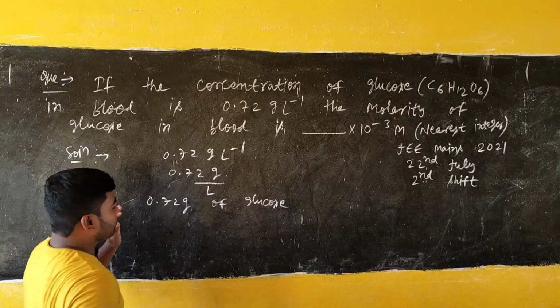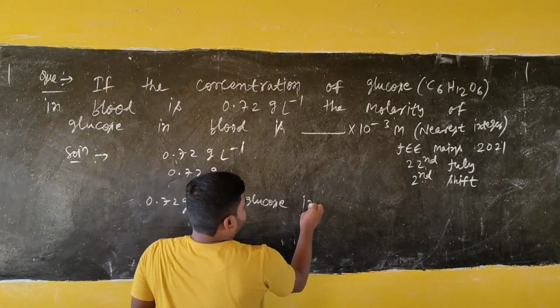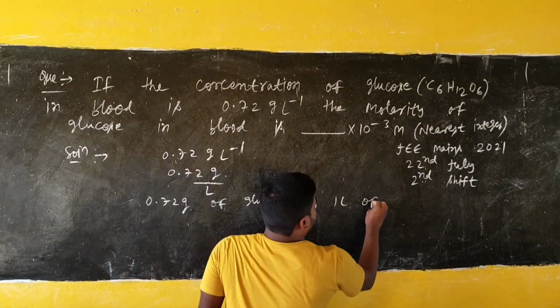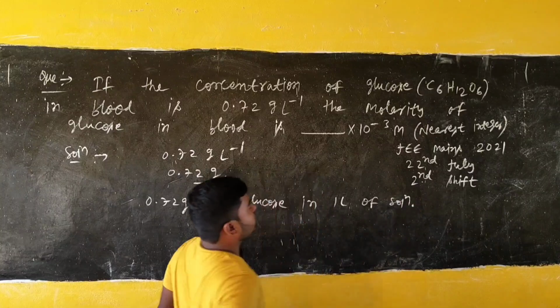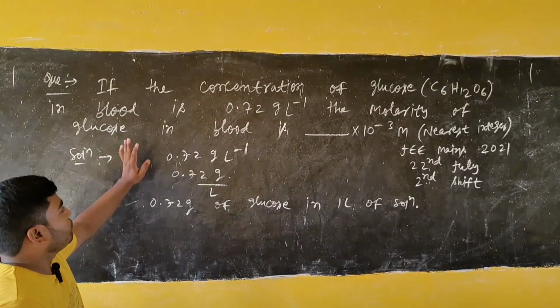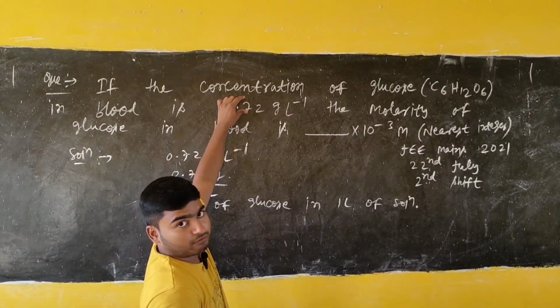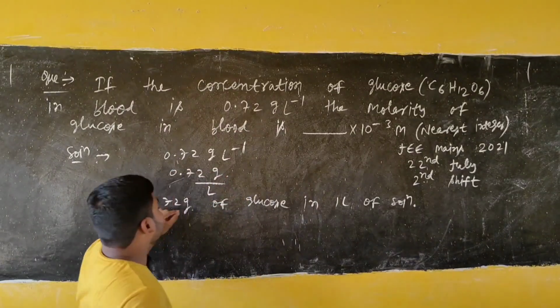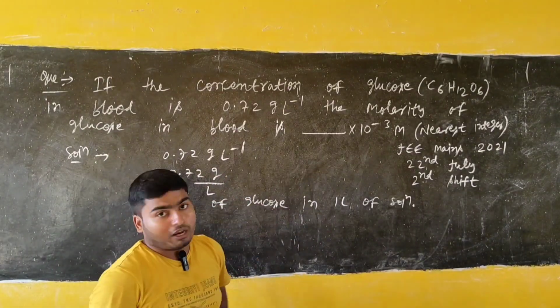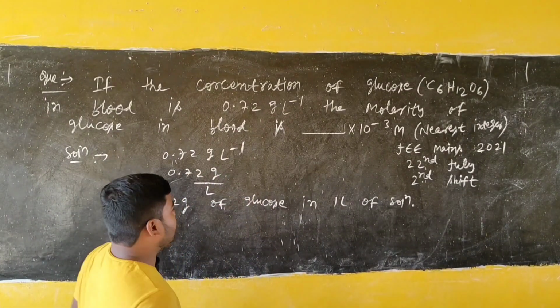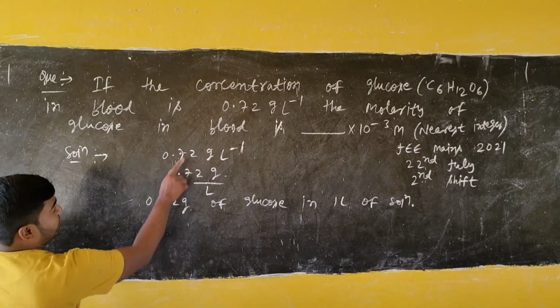So 0.72 gram of glucose in 1 liter of solution. We can write it like this. With the help of this information, we can conclude that 0.72 gram of glucose is present in 1 liter of solution. By this, we will be able to solve this question now. And this will be repeated many times.